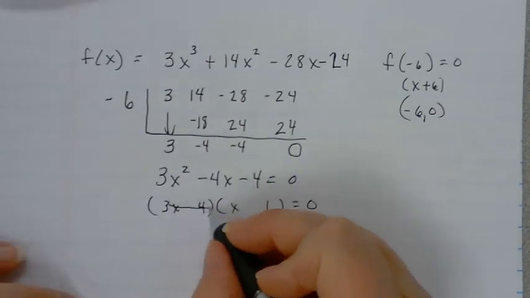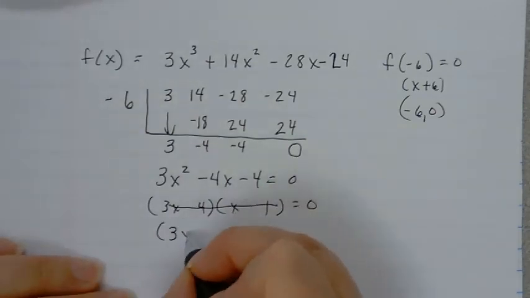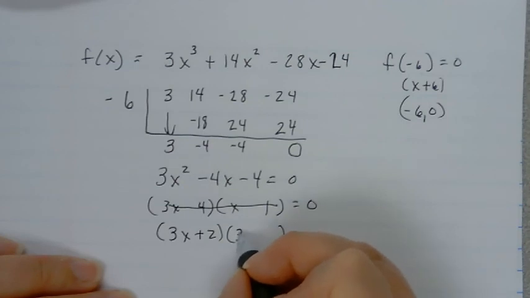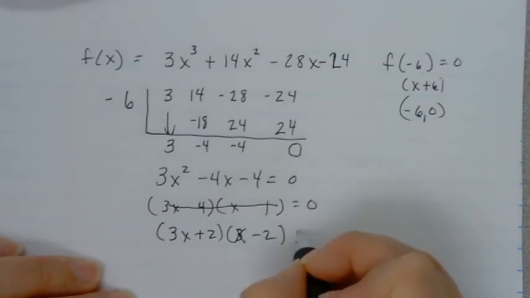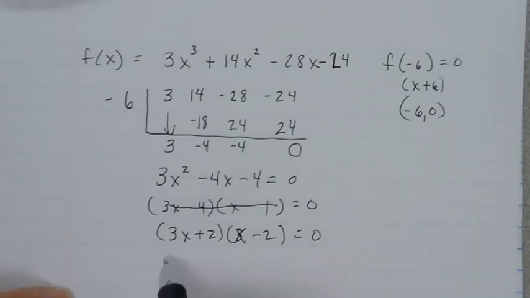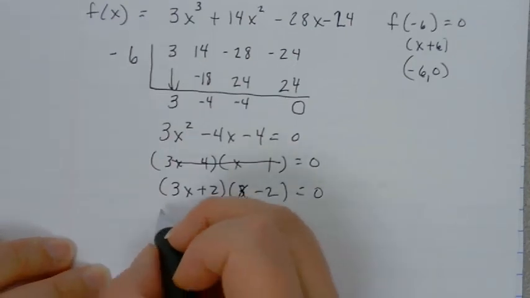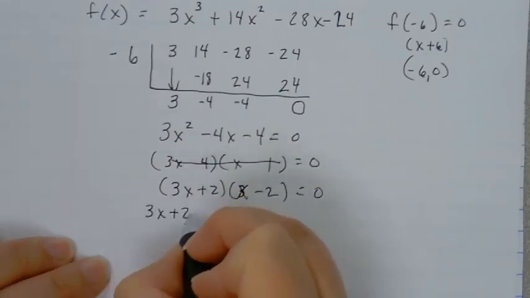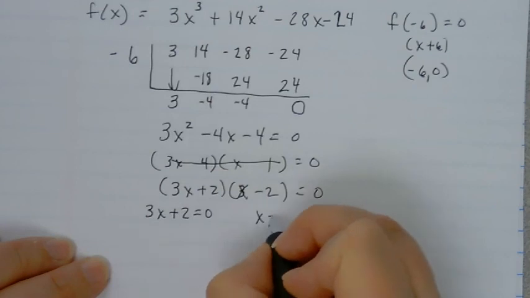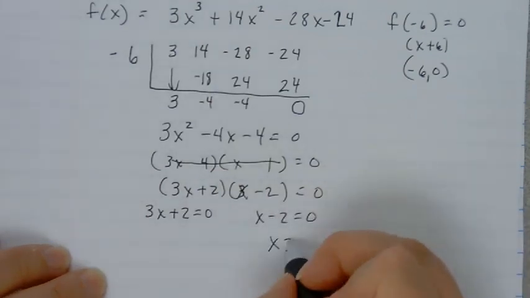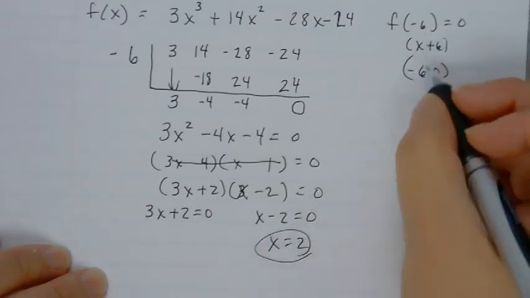I think it's going to have to be 3x plus 2 and x minus 2. That should work, because that would be minus 6 and plus 2. Okay. So I'm going to have a 0 where 3x plus 2 equals 0, and a 0 where x minus 2 equals 0. So x equals 2 is another place where it crosses the axis.